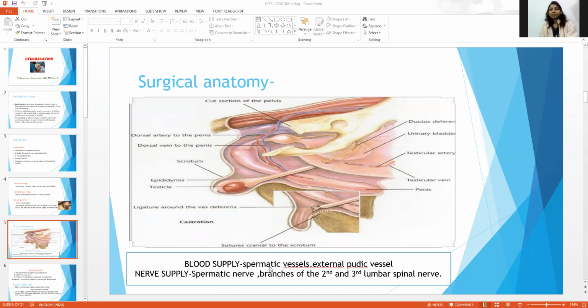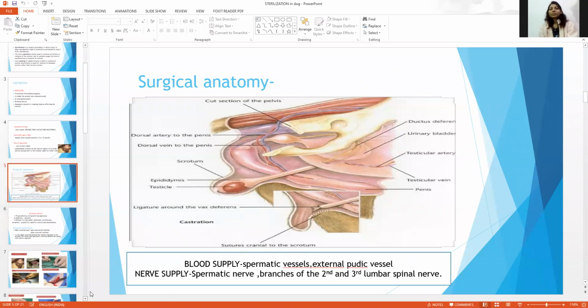Mostly this type of surgery in dogs is done under general anesthesia. It is not easy to perform under local anesthesia.